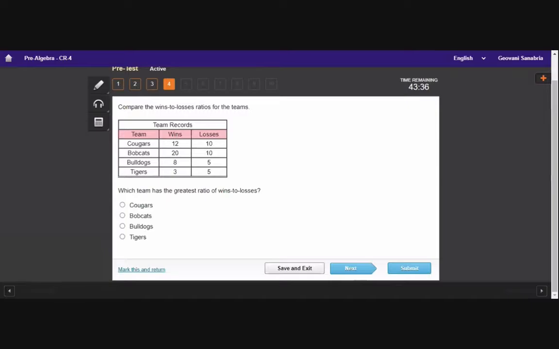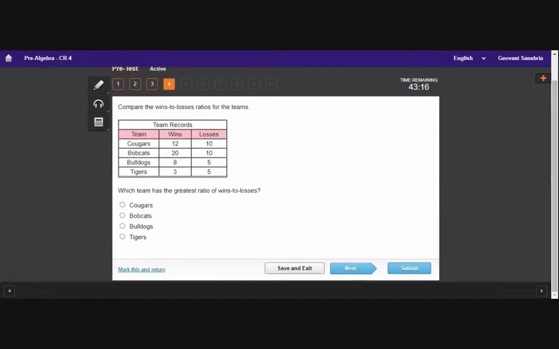No, wait. What did you get for Tigers? Which team has the greatest ratio of wins to losses? 0.6. You got that for Tigers? 3 divided by 5 would be 0.6, that's right.